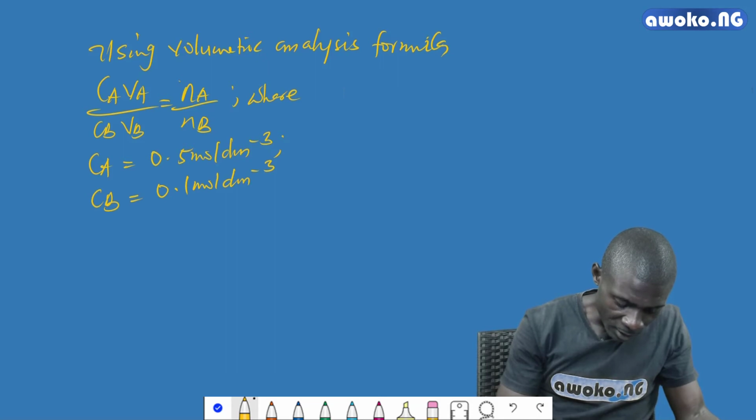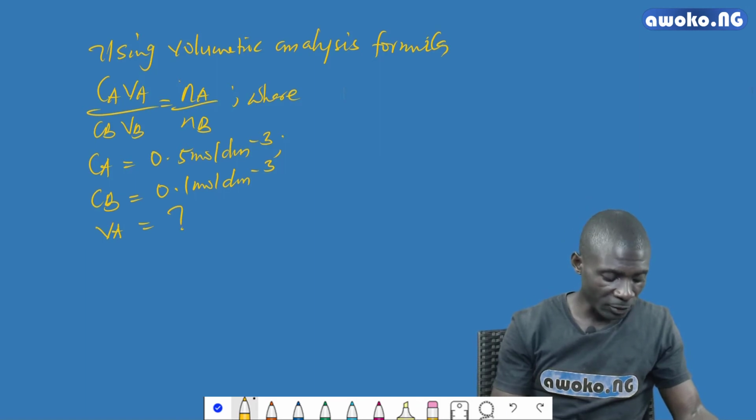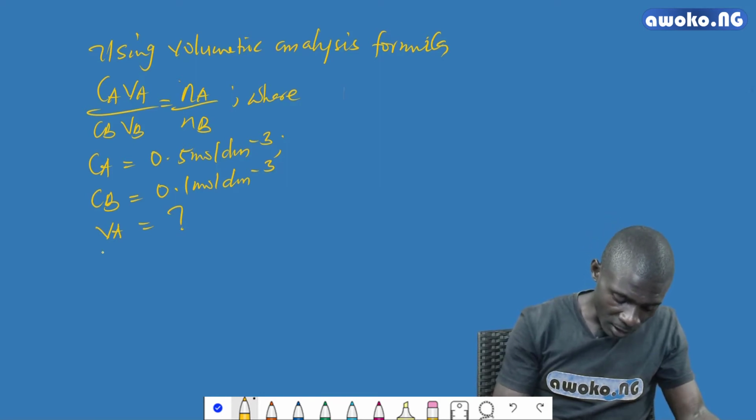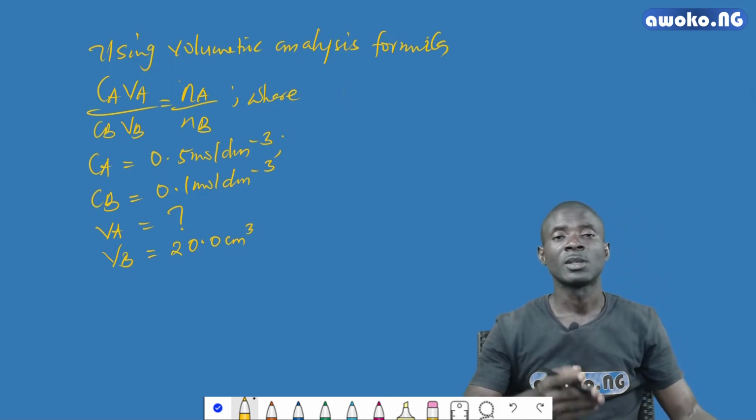We also have our Va to be unknown. That is what we are asked to find: the volume of the acid that is used in the titration or volumetric analysis. While our volume of base Vb is equal to 20.0 cm³. Of course, during titration, the volume of the base is obtained from the type of pipette used in the question.